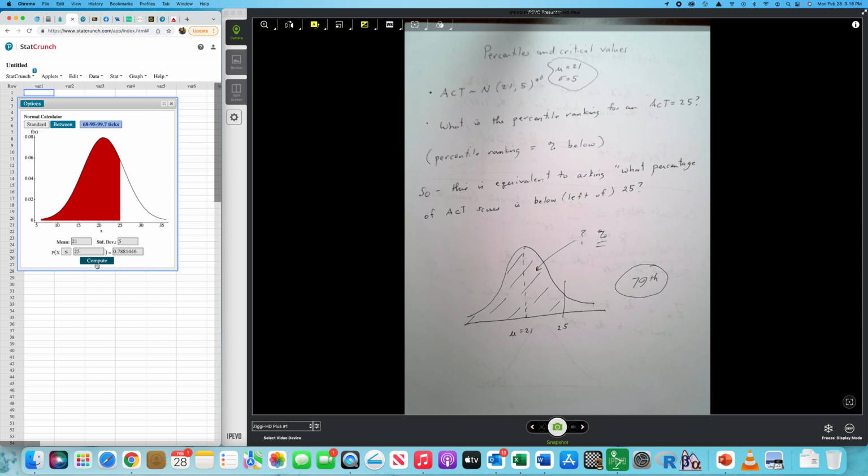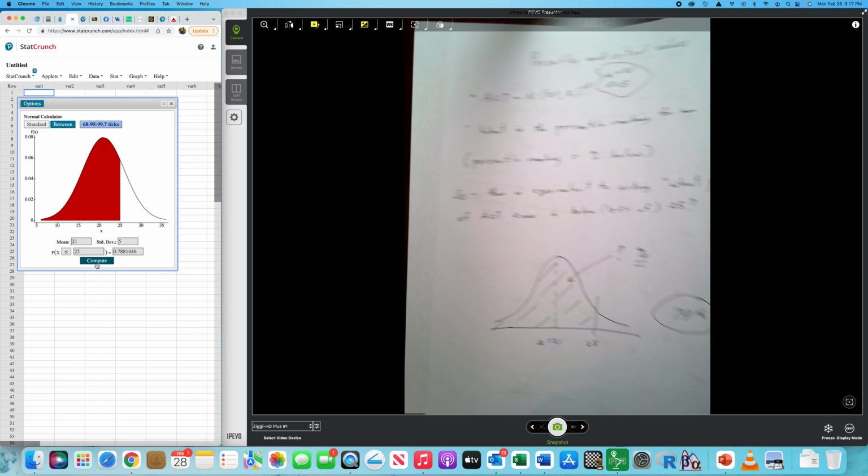But once you say you scored at the 79th percentile, whether it's an IQ test, an ACT, an SAT, or cholesterol level, whatever it may be, the 79th percentile tells that person that 79% of the scores in that distribution are below your score. Again, that's all percentiles are: percent below.